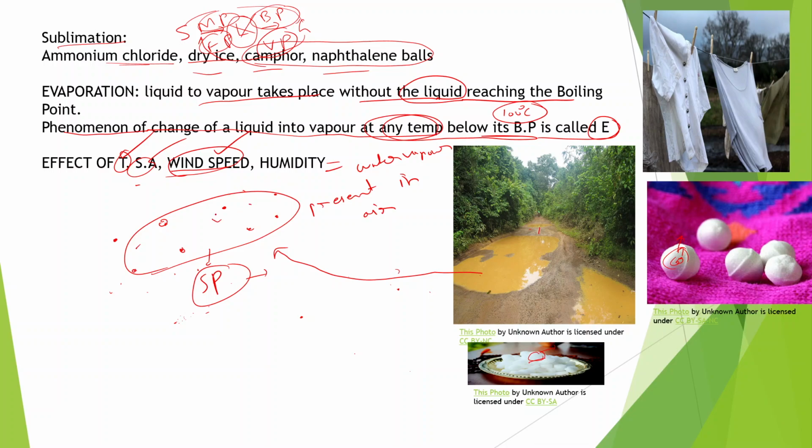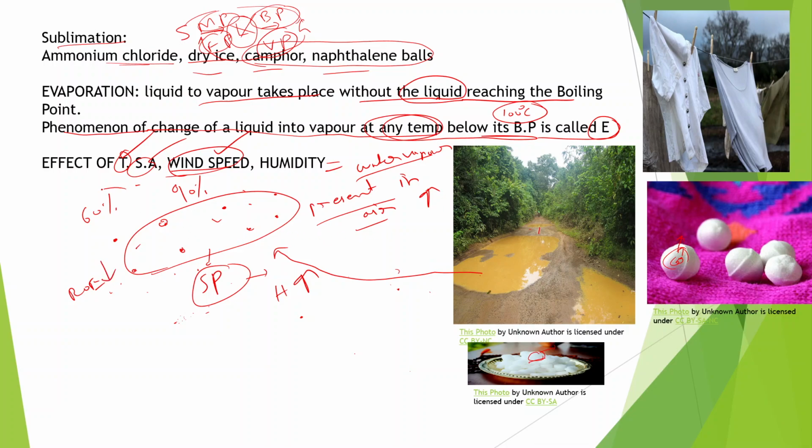So if humidity increases, that means the amount of water vapor present in the air increases. Suppose initially the humidity is 60%, now 90%, then what happens to the rate of evaporation? The rate of evaporation will decrease, right?